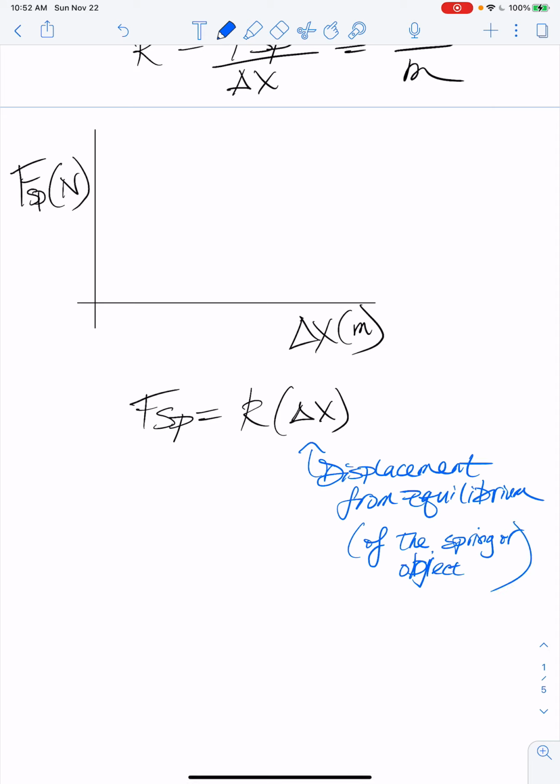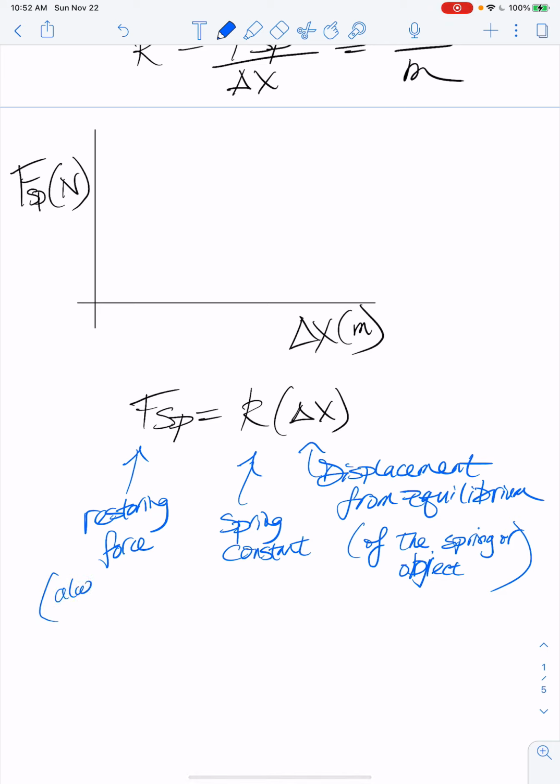Okay. So K is the spring constant. And force spring is the restoring force, always pointing, always points towards equilibrium.